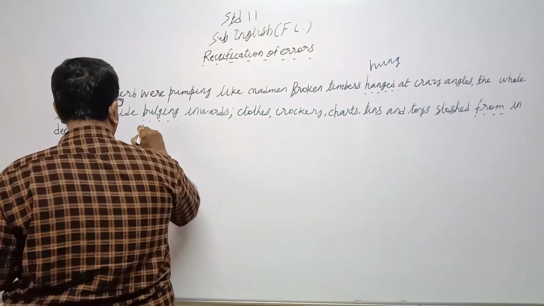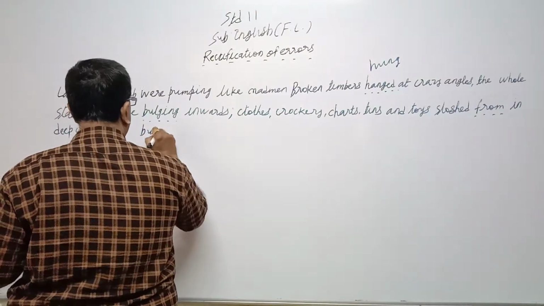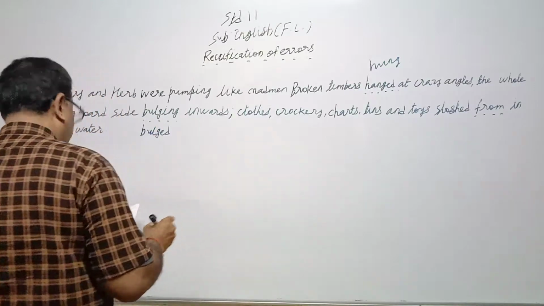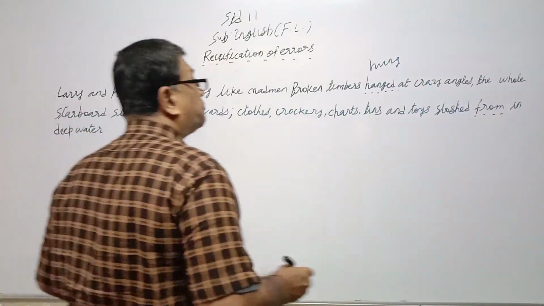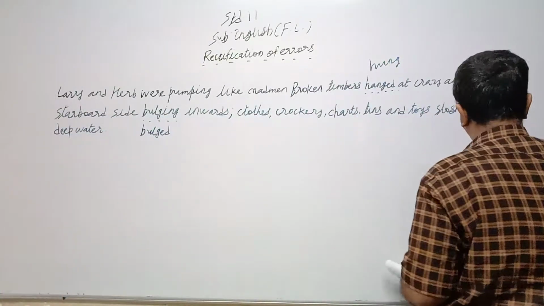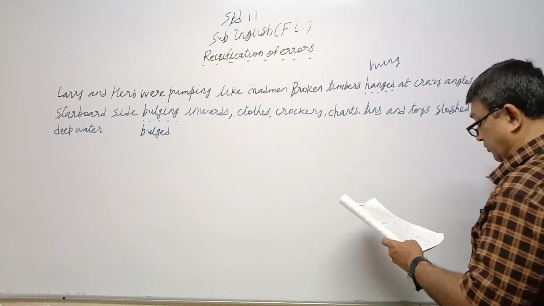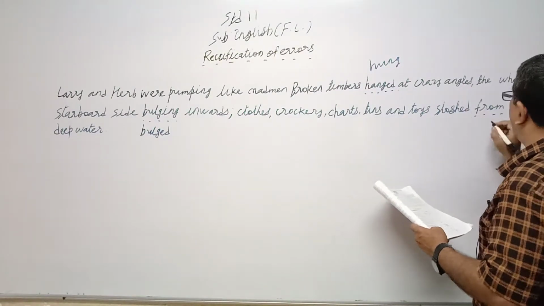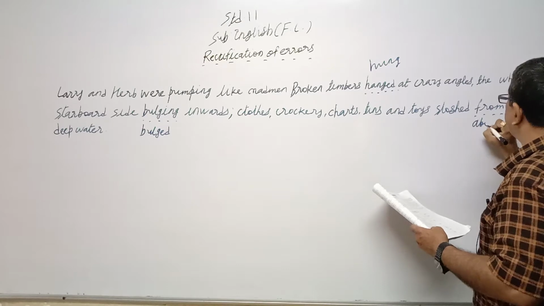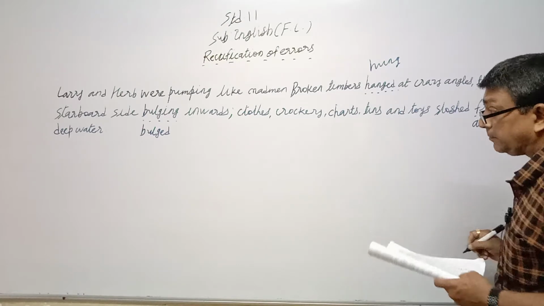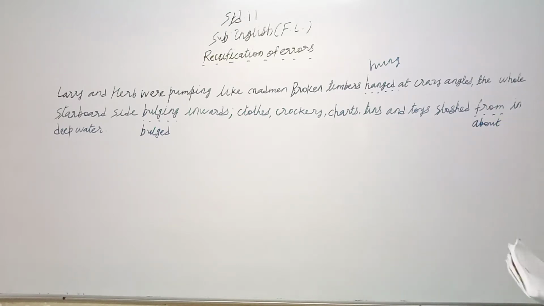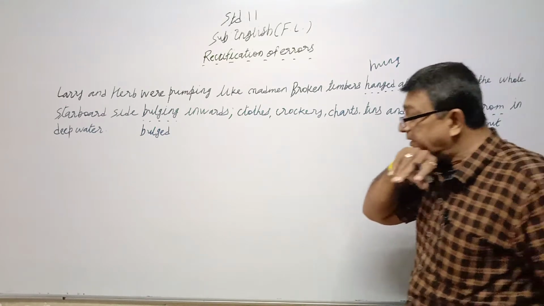So bulge, not bulging. And this from is incorrect. Here it should be about, sluiced about.